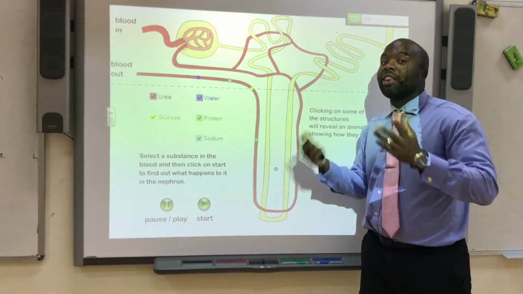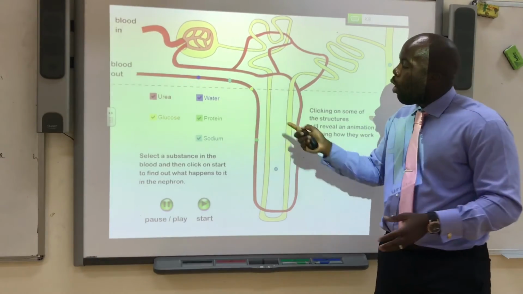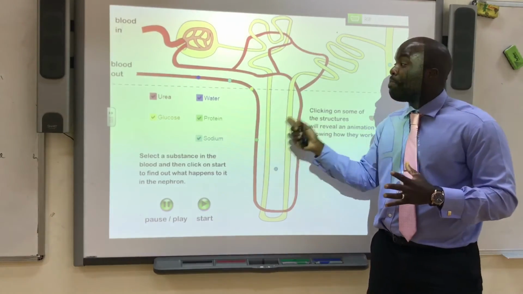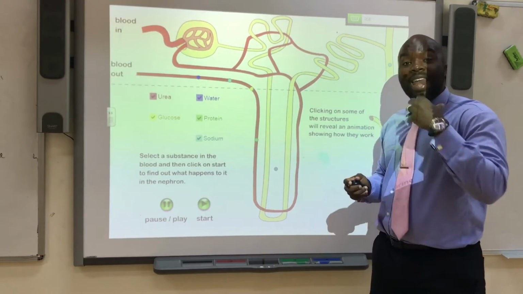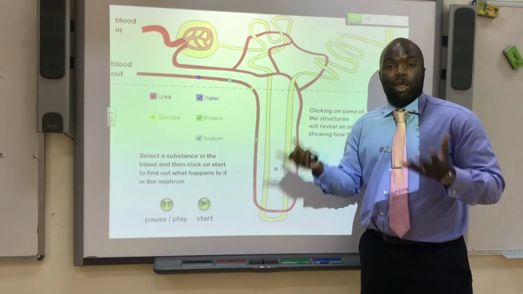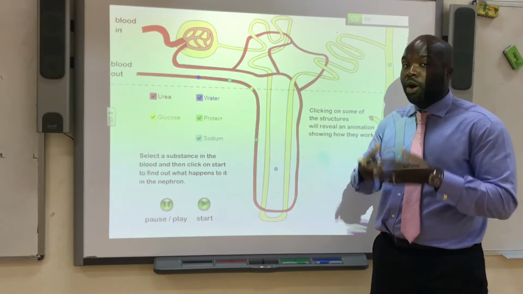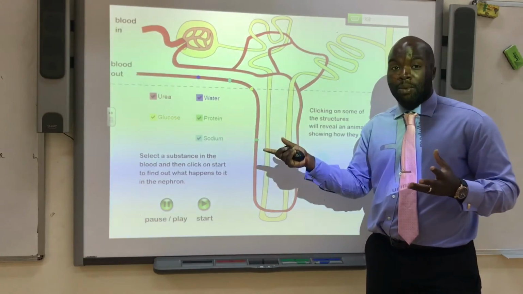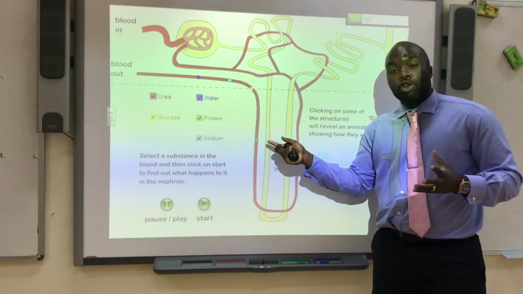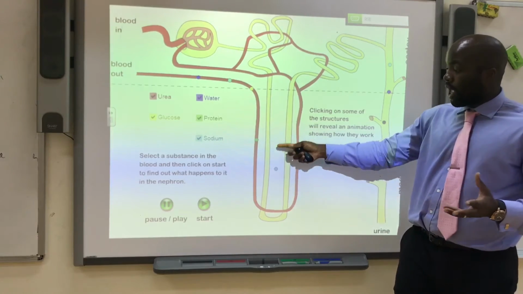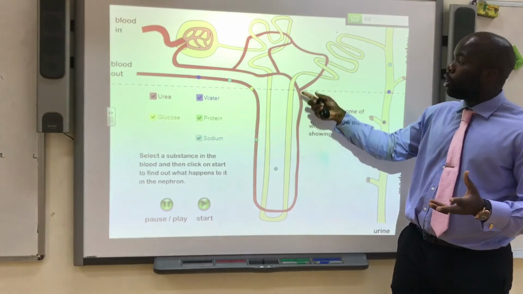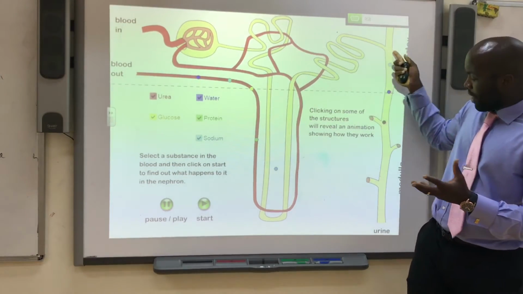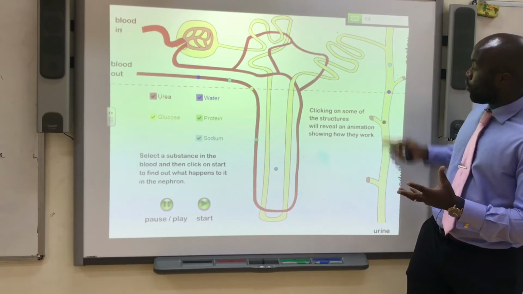So, at a later stage known as reabsorption, all of the glucose passes back into the blood. Any water that is not excess water and any ions which are not excess ions pass back into the blood. And the urea is passed out. So the urea stays in the tubules and is passed out of the body via the urine.